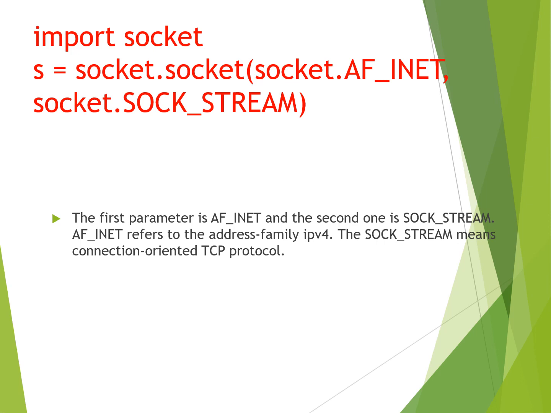This is the first parameter we have used here, and the second parameter is by reference to the IPv4 family. IPv4 is nothing but Internet Protocol version 4. A socket stream means the connection-oriented TCP protocol, where the family identifies the address or protocol.